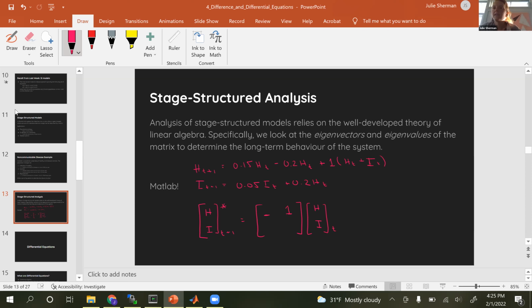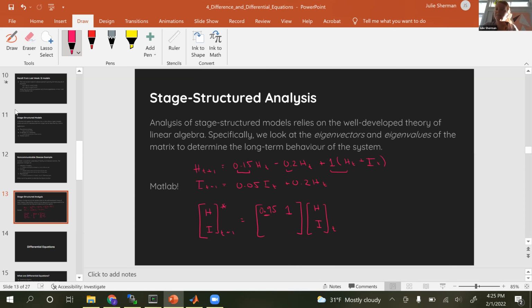On the other hand, the healthy, we can collect all these terms, and we are going to end up with, let's see, 1 minus 0.2 is 0.8, and then we have to plus 0.15, and we get 0.95 here.